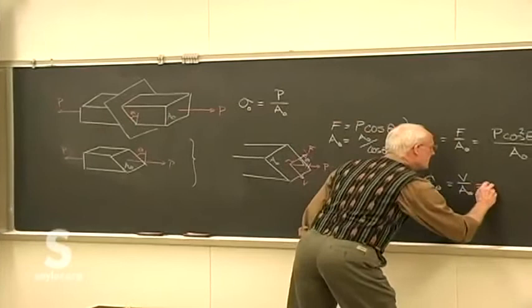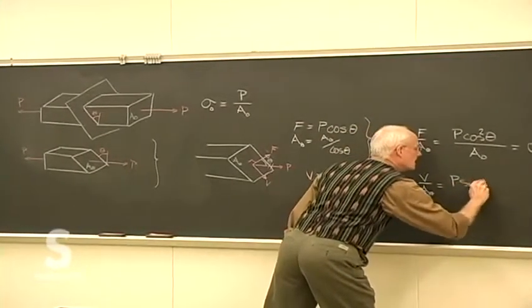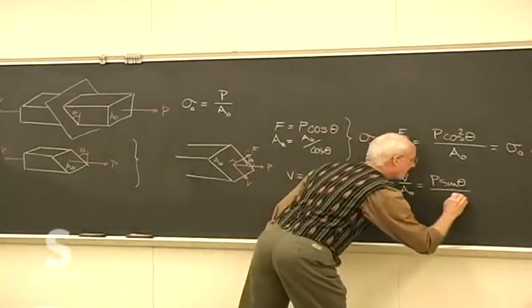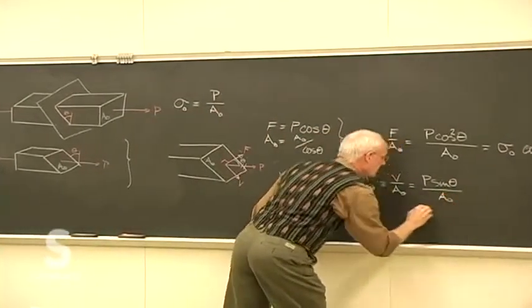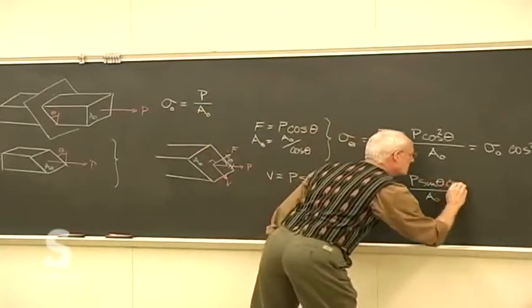But V is P sine theta divided by A theta, which is A0 over cosine theta.